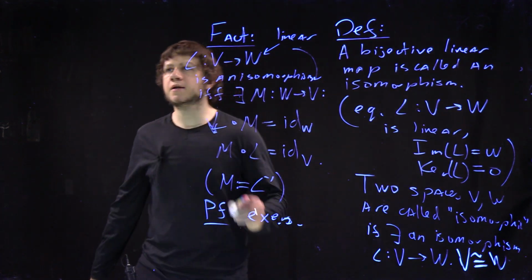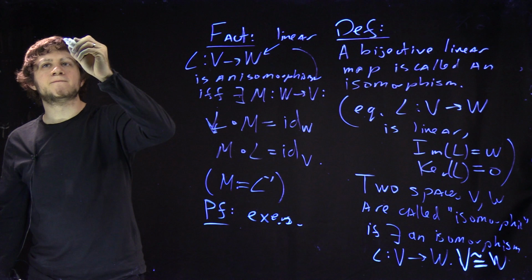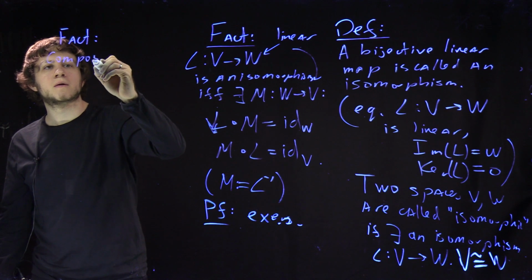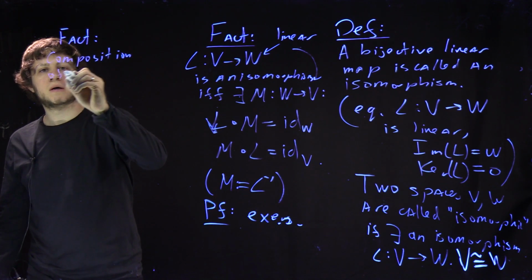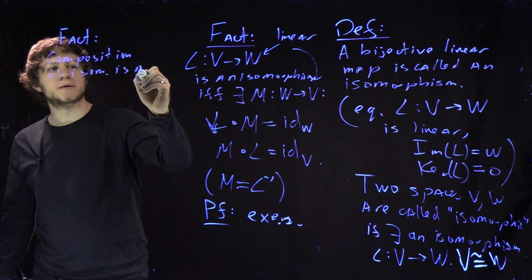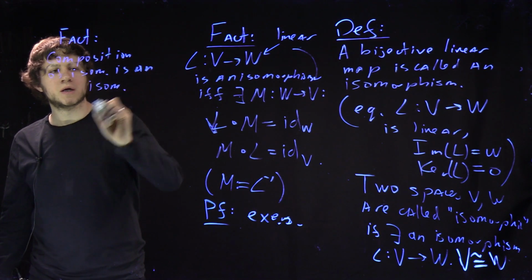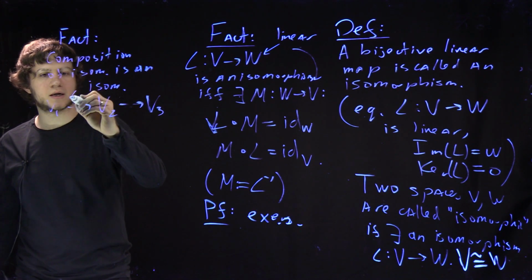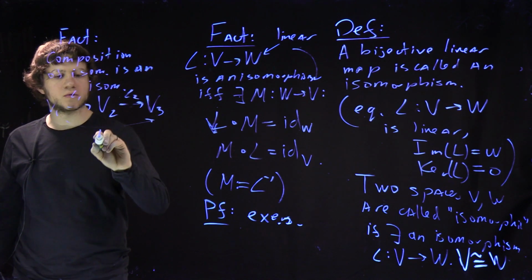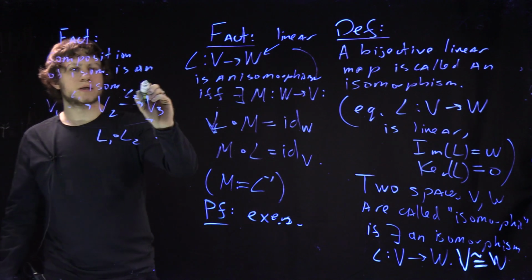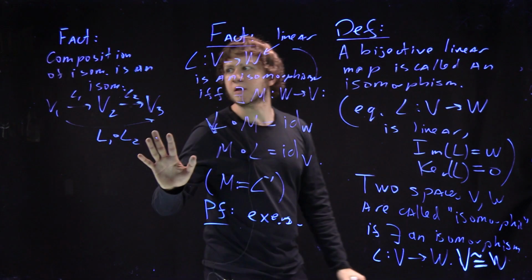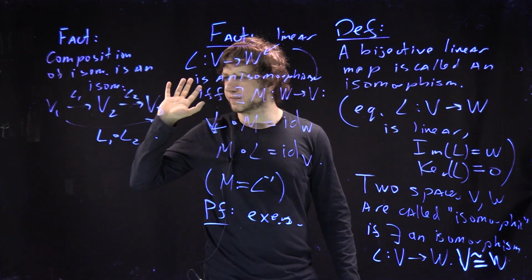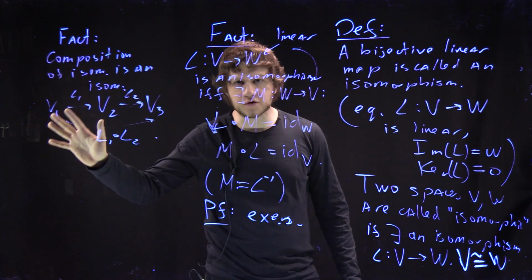And this is one fact, and another fact is that composition of isomorphisms is an isomorphism. So if you have V1, V2, V3, and these maps are isomorphisms, then the composition is also an isomorphism. This is totally trivial because you know that composition of linear maps is linear, and you know that composition of bijections is a bijection.